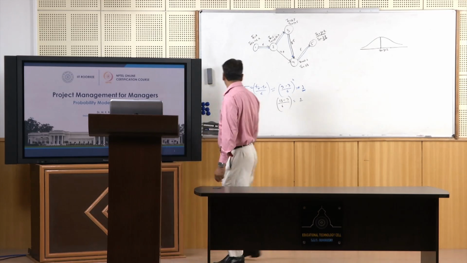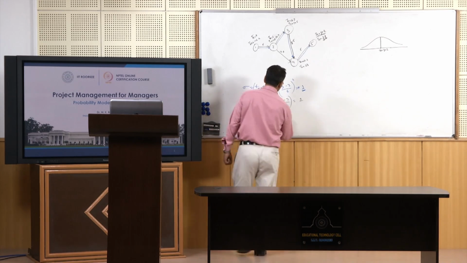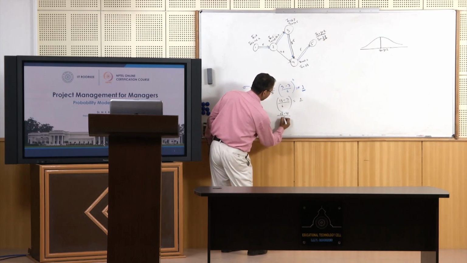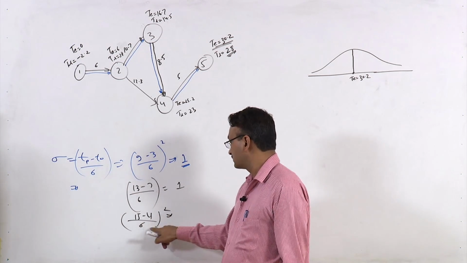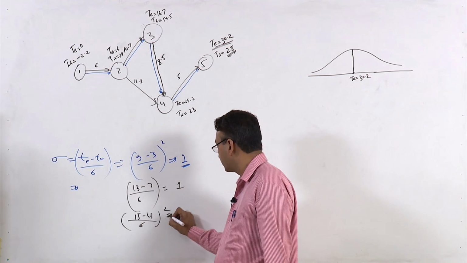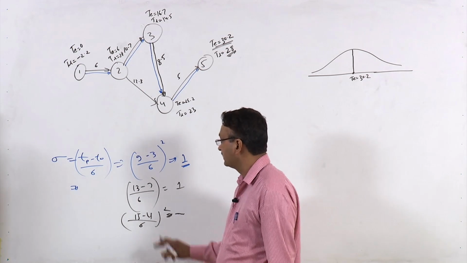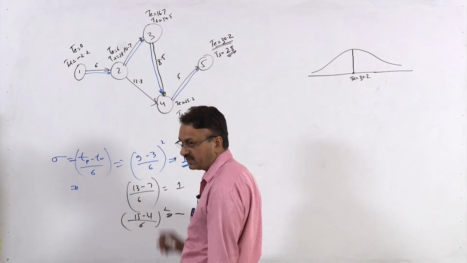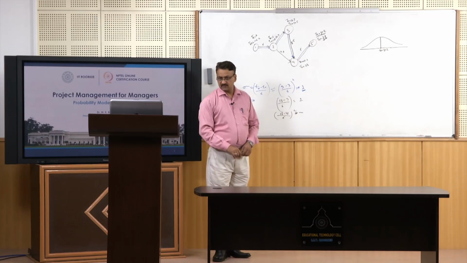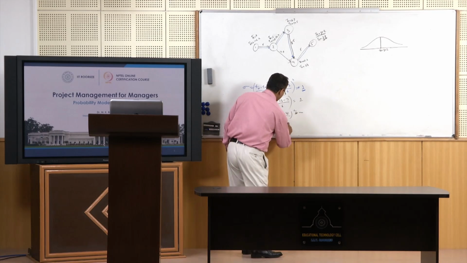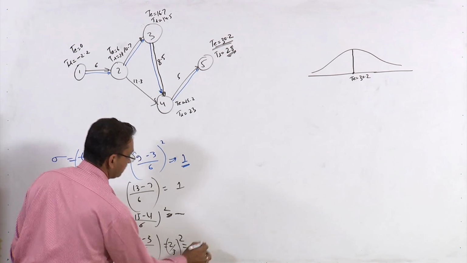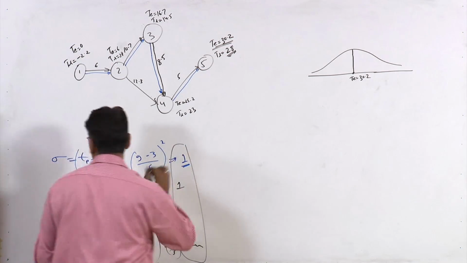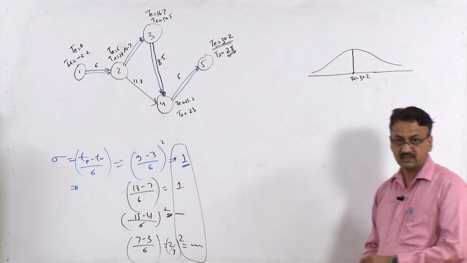So 15 minus 4 divided by 6, whole square. So this is 11 by 6, take the square of that value. Then finally you got 4 to 5, which is 3, 5, 7. So 7 minus 3 divided by 6, so this is 2 by 3 whole square. You will get some value here. Just add all these values and you will get the variance along the critical path.